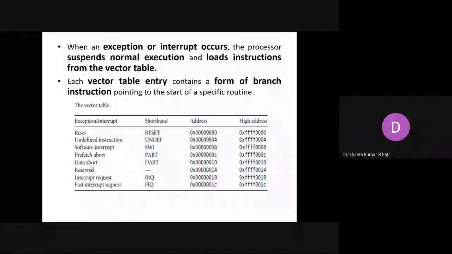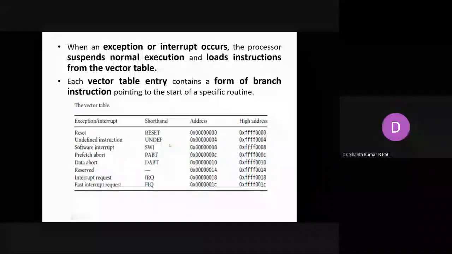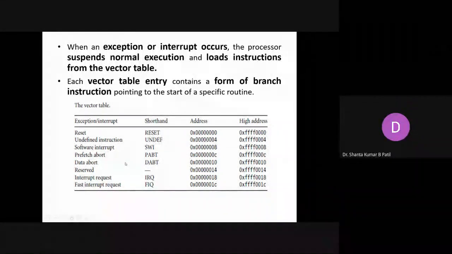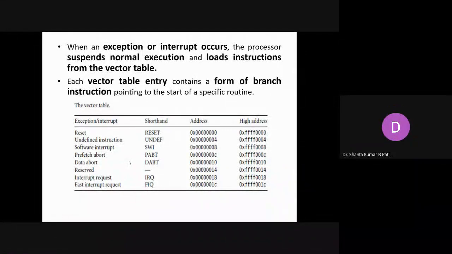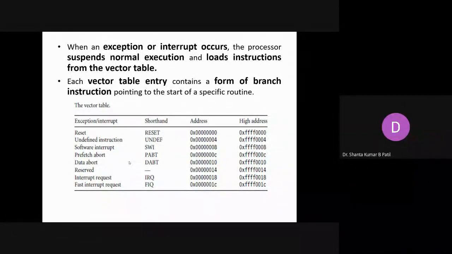If ADD is the addition instruction, and instead of ADD, by mistake you type A followed by triple D, such an instruction is an undefined instruction and it generates an error. So for that, the expert has written the ISR of the undefined instruction. Immediately it pops the message. By executing the ISR of the undefined instruction, it tells you that you have used an undefined instruction in your program.